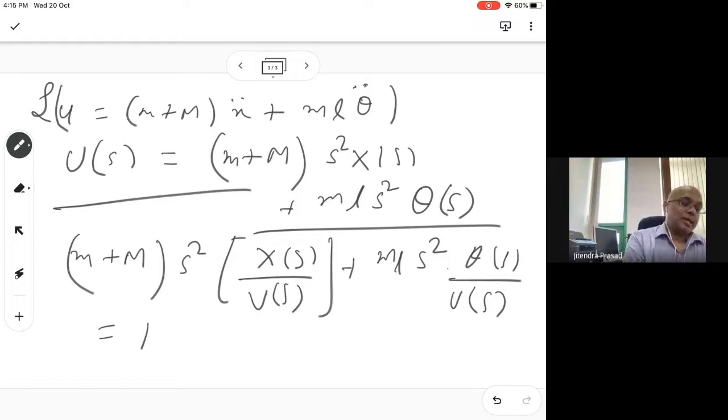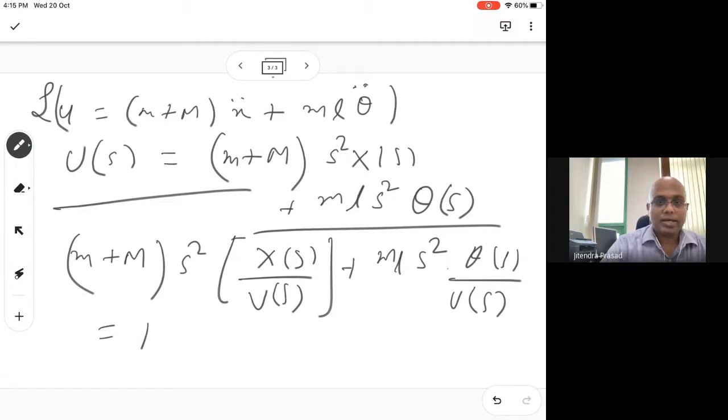Since there are two outputs, depending on one value, the other value will depend on that.